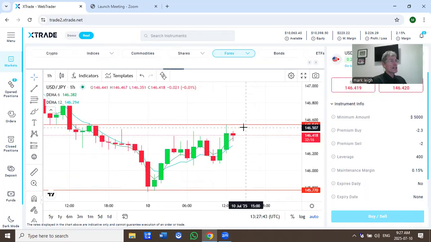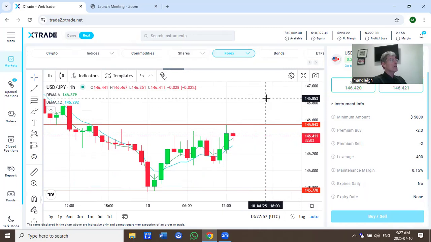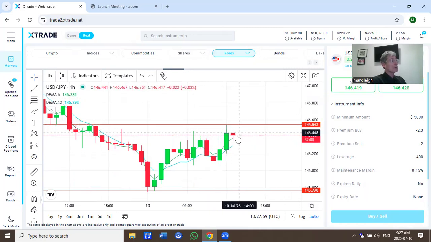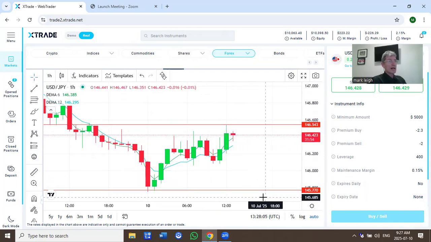And there you can see there's the resistance. Came off a little bit off resistance, hanging around the 146.42 area for now, but 146.54 is resistance. Buyers will be looking to test, break above that level. Alternatively, if there is a turnaround, US dollar weakness, yen strength would be off this area, and that would be coming back to look down here at 145.77.